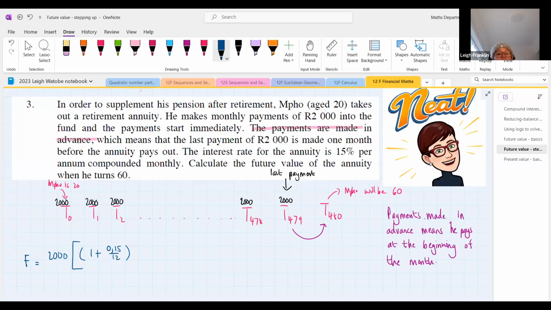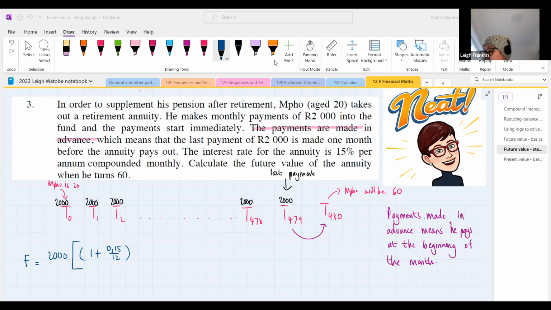How many payments of 2,000 Rand does Mpho make, grade 12s? Unfortunately not. He makes 480. So look here. He starts at T0 and he ends at T479. So that is 480 payments.